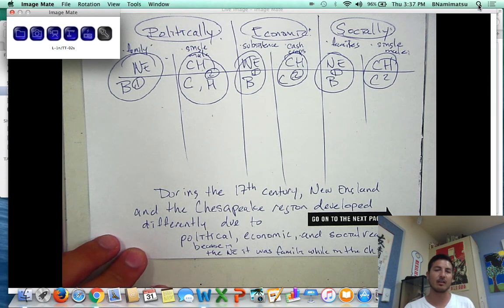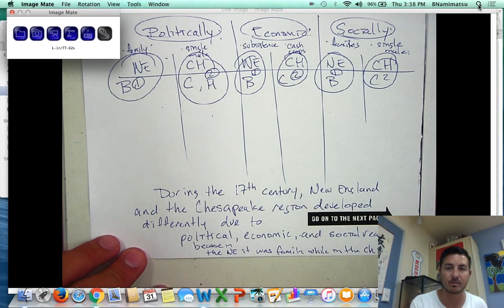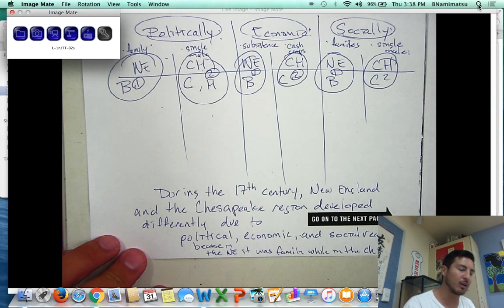Then in the body paragraph later, they're going to give me the documents: hey, in New England, this shows it was family-oriented, while in the Chesapeake, it shows it was single males, okay?